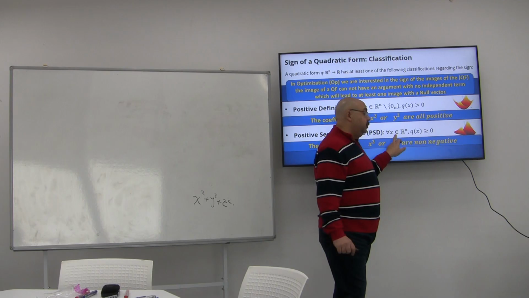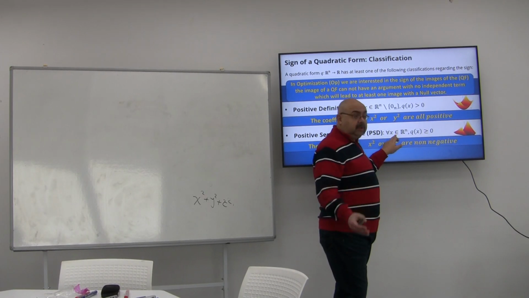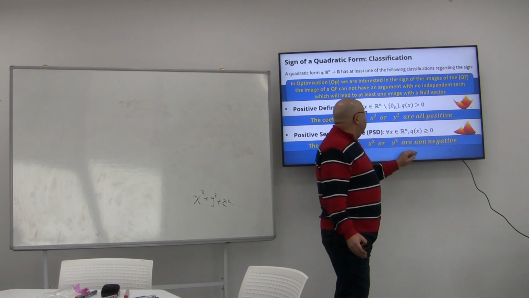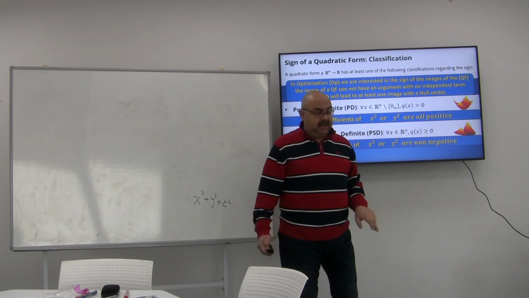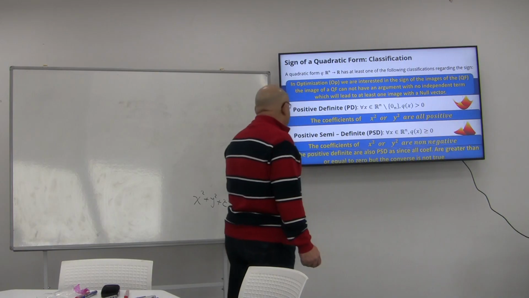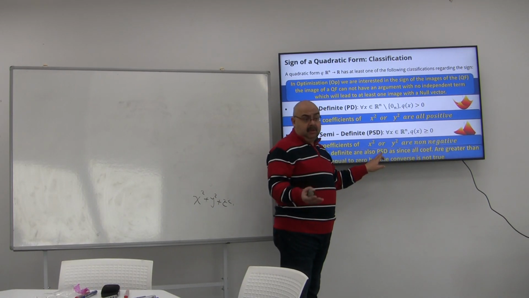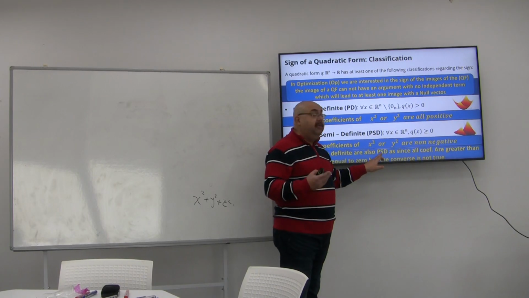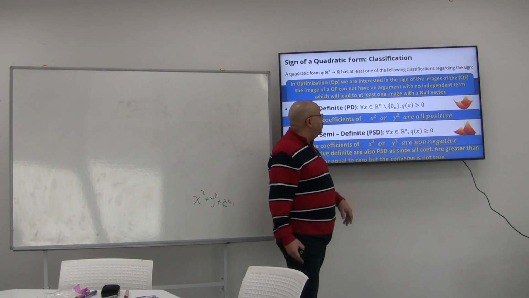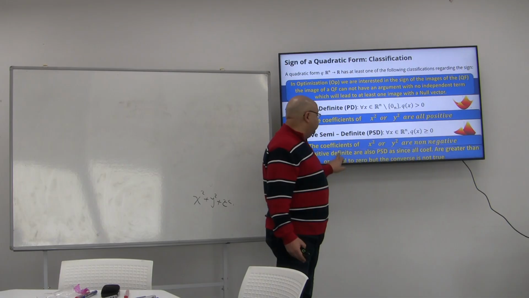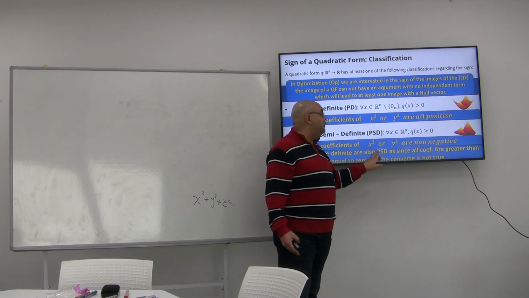For the second condition, to have a positive semi-definite, one of them is equal to 0. Remark, all the positive definite are also positive semi-definite because it's already involved in this inequality. So once more, all the positive definite are also positive semi-definite.